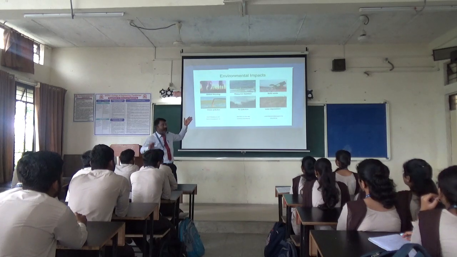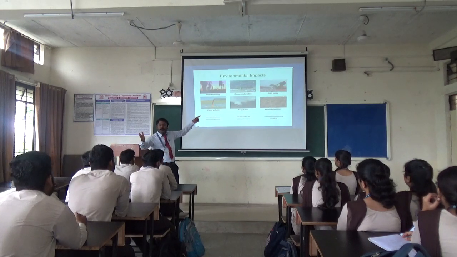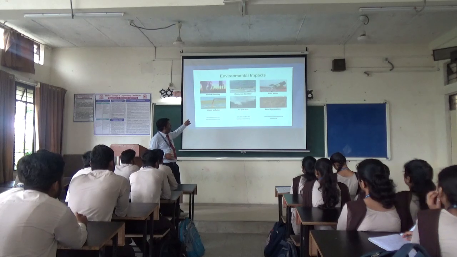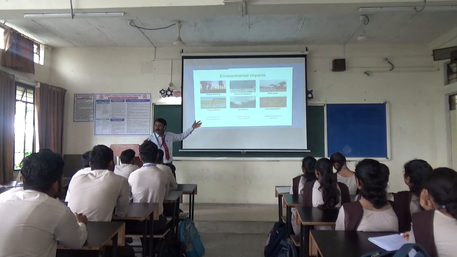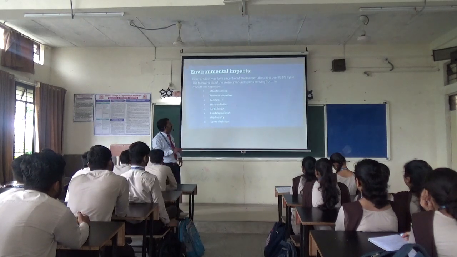This is the impact on the environment. Solid waste. In Pune there is a very big question of the dumping yard. You might have heard of the different things that happen due to this dumping yard. Then water pollution, air pollution, and land degradation. The soil is also getting deteriorated day by day. So these are also some of the impacts.